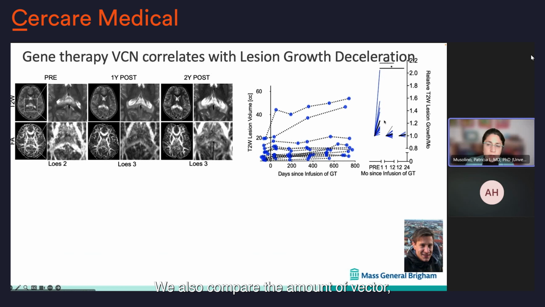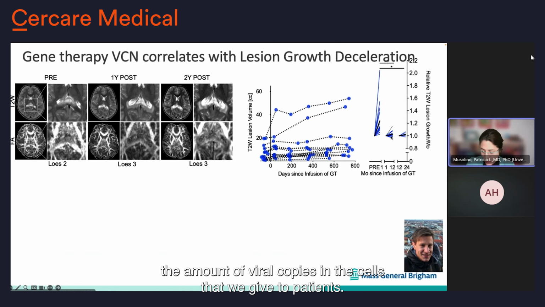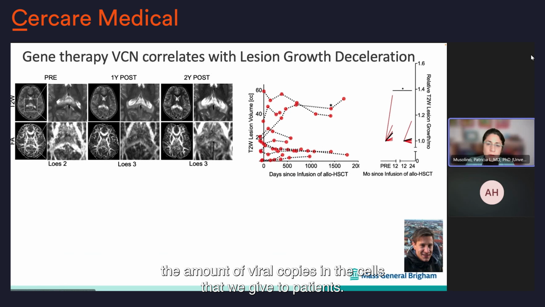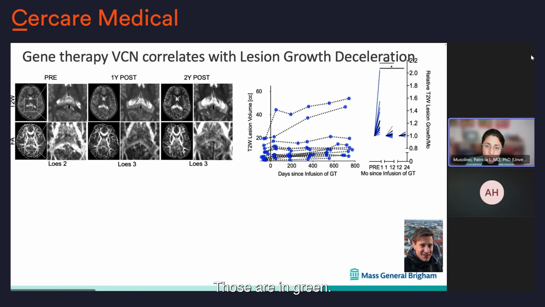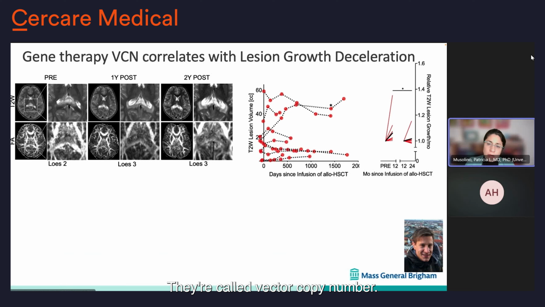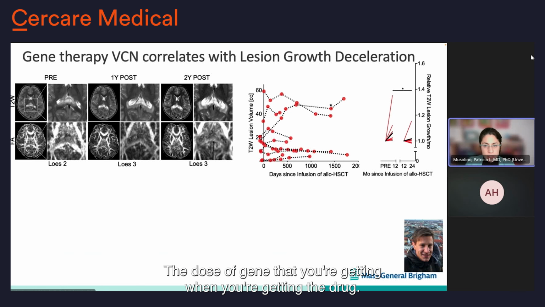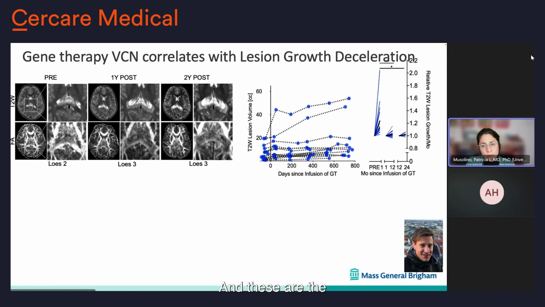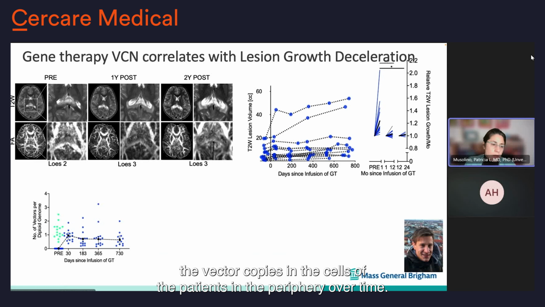We also compared the amount of vector, the amount of viral copies in the cells that we give to the patient. Those are in green, called vector copy number. That's kind of like the drug product, the dose of gene that you're getting when you're getting the drug. And these are the vector copies in the cells of the patients in the periphery over time.